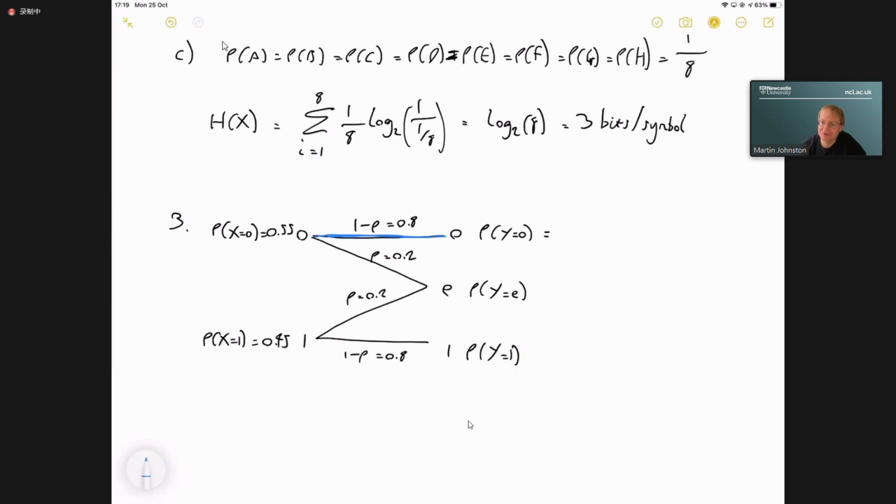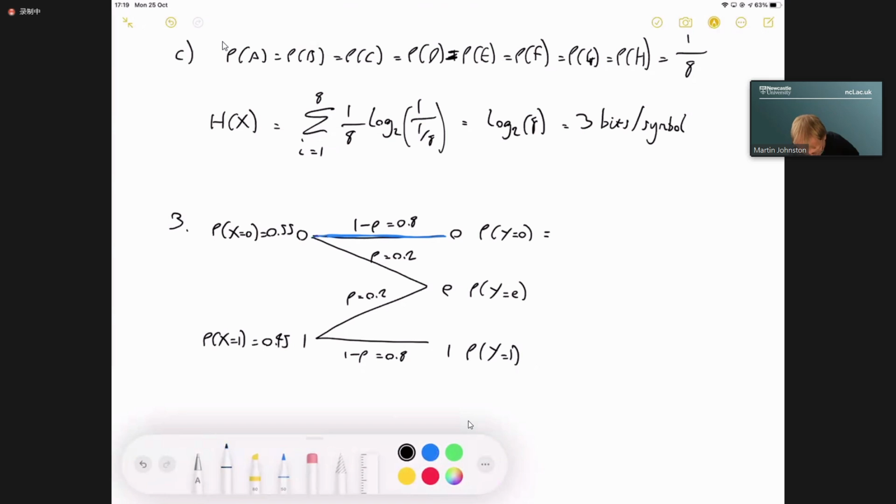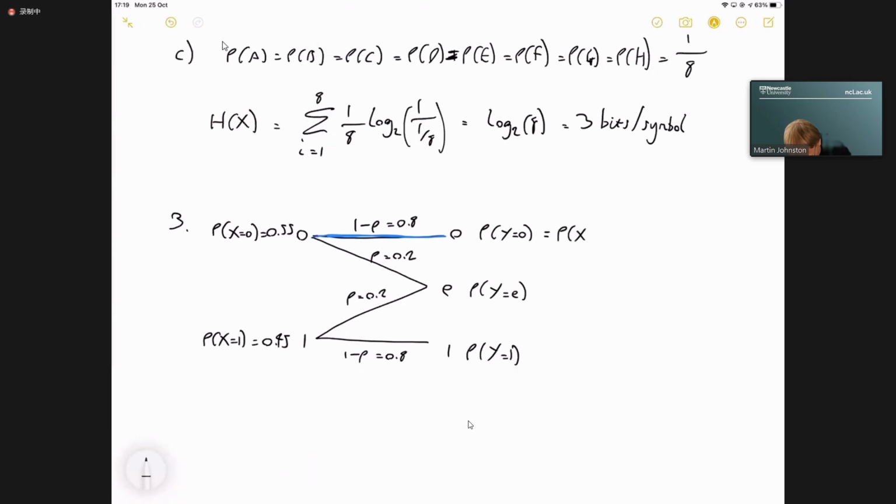There's no other connection. So to get a 0, we have to start with a 0, and it must not be erased.